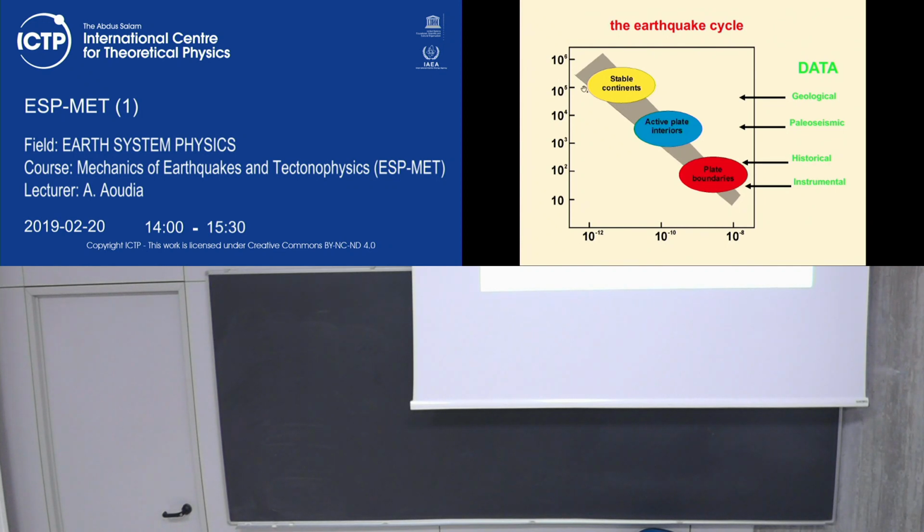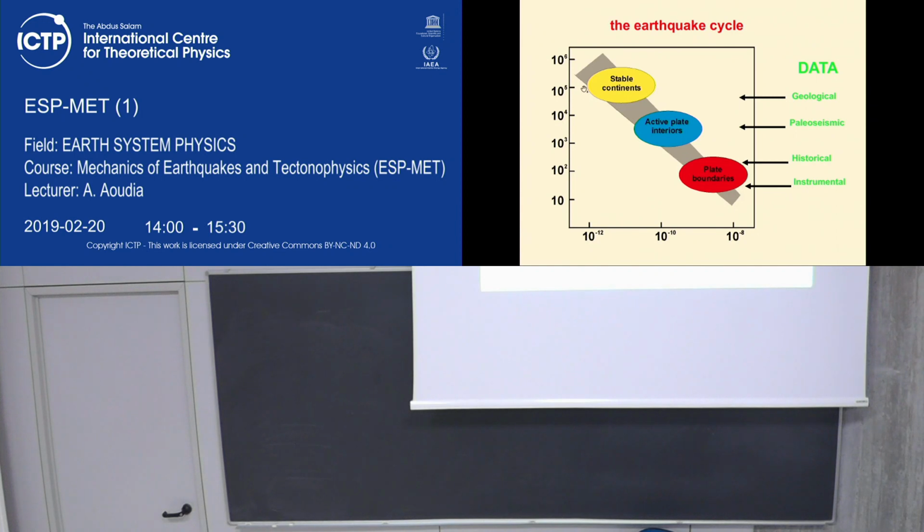What we call a stable continental region is a region that exhibits small strains, and earthquakes may occur with large time intervals. It means that if I have a fault here in a stable continental region, which could be Canada, for instance, or some specific places inside the plate, not far away from the plate boundaries, okay?